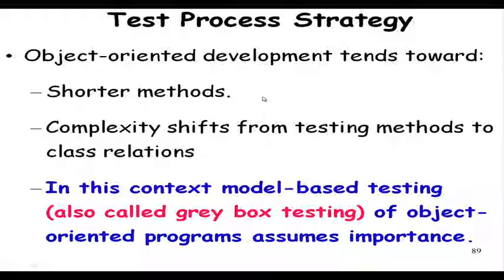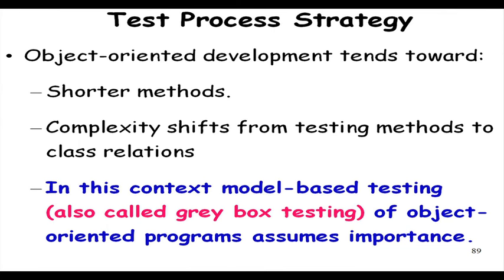Now, what about the test process strategy? In object oriented programs, the methods tend to be very short, because that is the characteristic of object oriented programs. We write very short methods, and then we have inheritance, and method collaboration across different classes.